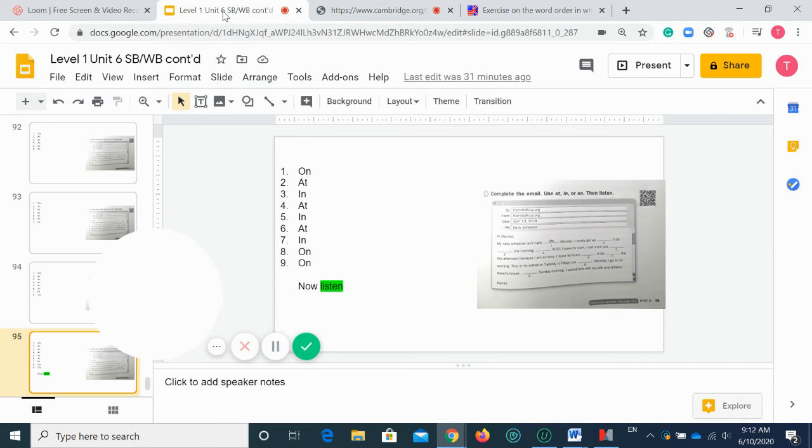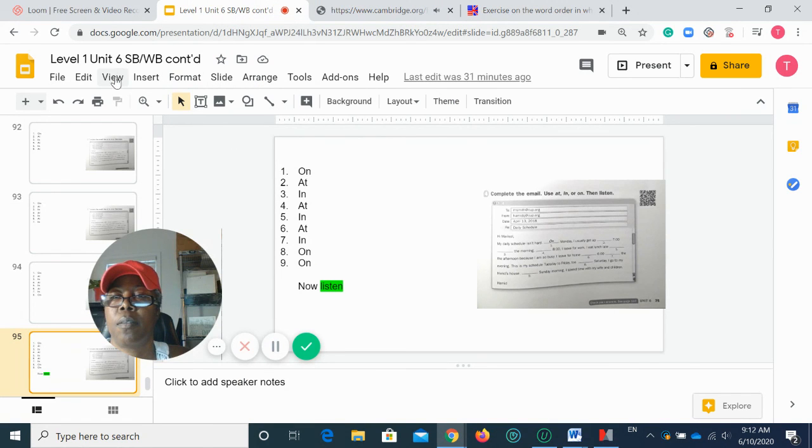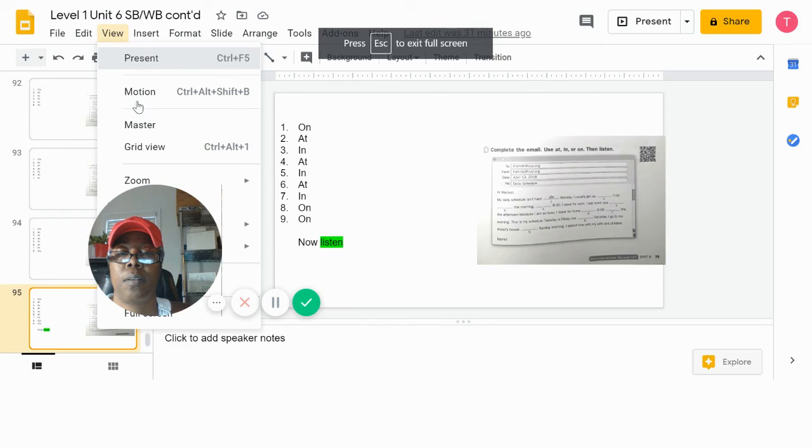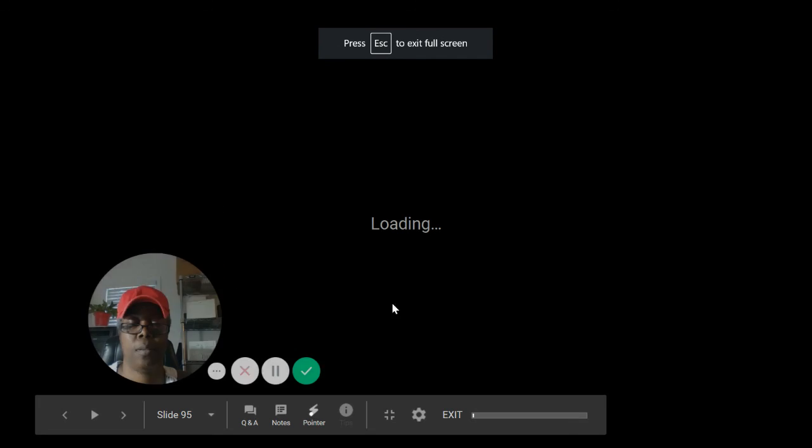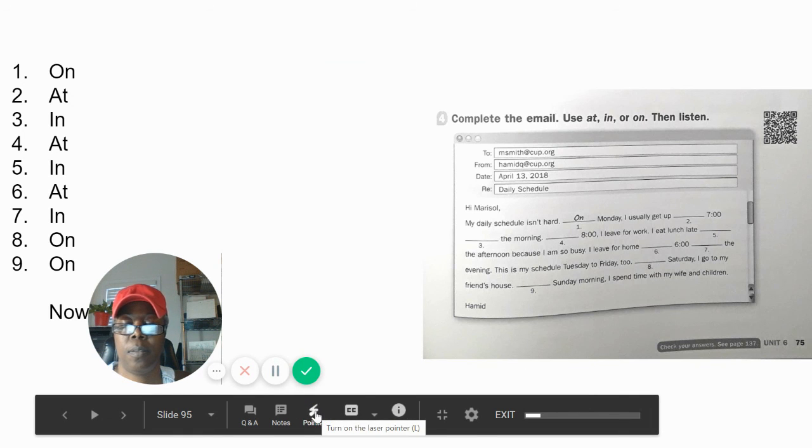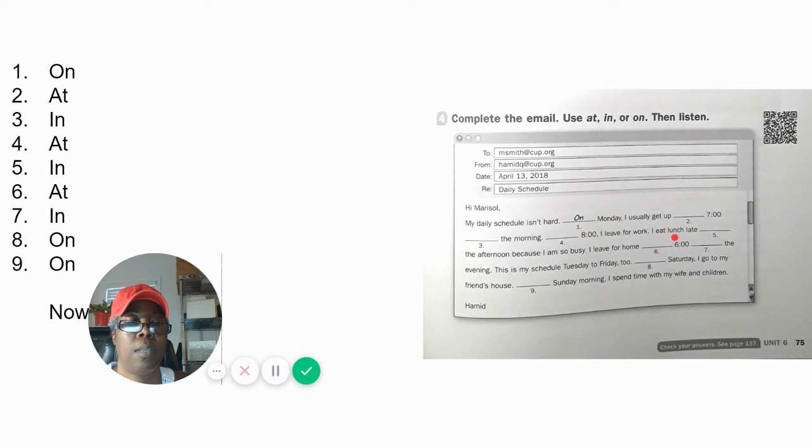Day 75, Exercise 4, Track 21. Hi, Marisol. My daily schedule isn't hard. On Monday, I usually get up at 7 in the morning. At 8 o'clock, I leave for work. I eat lunch late in the afternoon because I am so busy.